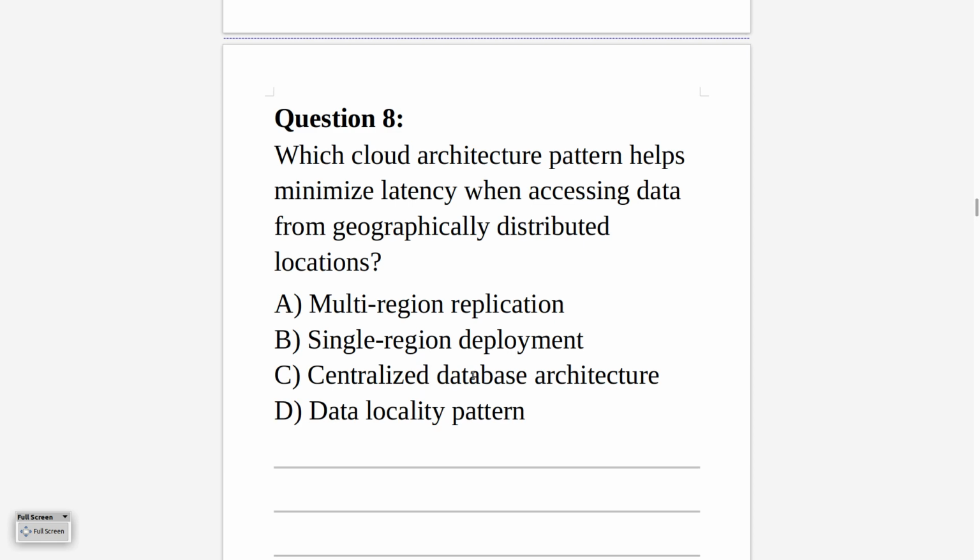It can't be C, because that's centralized. It's probably A, because we're talking about cloud architecture patterns. So replicate to other regions, and yeah, it would be eventually consistent, but at least you're still going to minimize your latency. I don't know what this is. It might be D, but I'm thinking it's going to be A. Let's have a look.